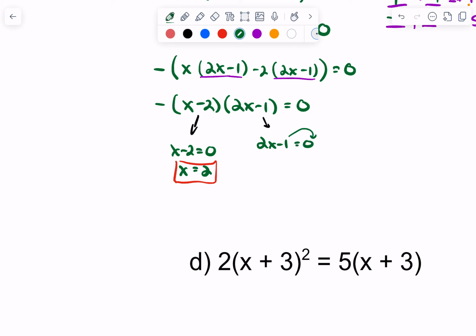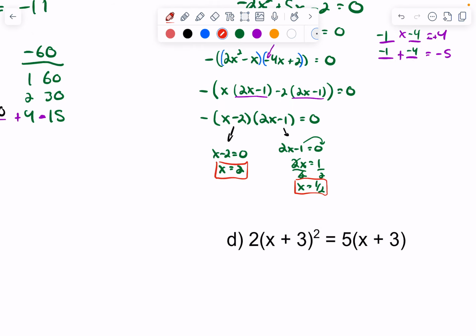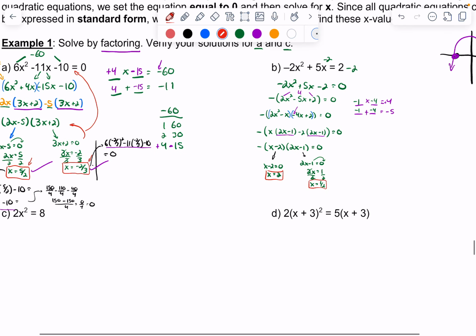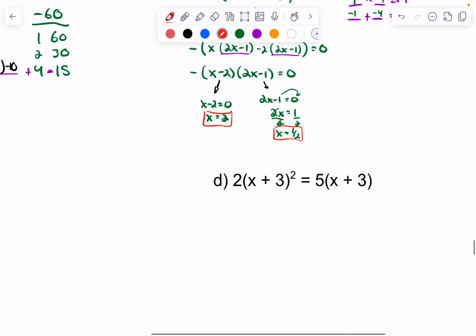Bring the negative 1 over, so 2x equals 1. Divide both by 2, and you'll get x equals 1/2. And there you go. That is you solving, okay? So solve by factoring, well, you have two solutions. You have a solution at x equals 2 and a solution at x equals 1/2.